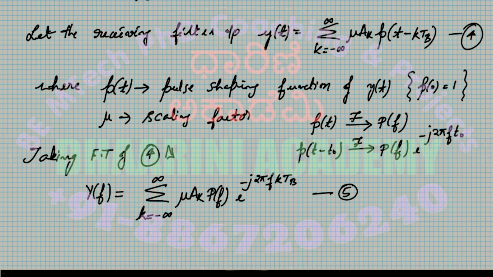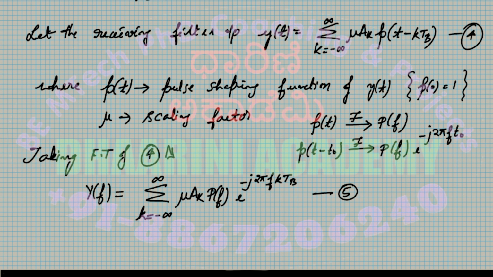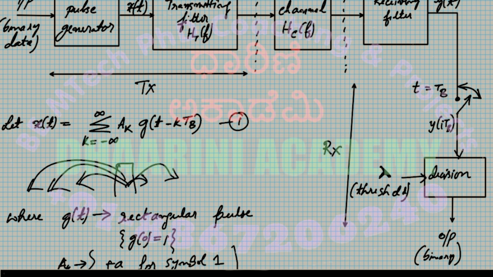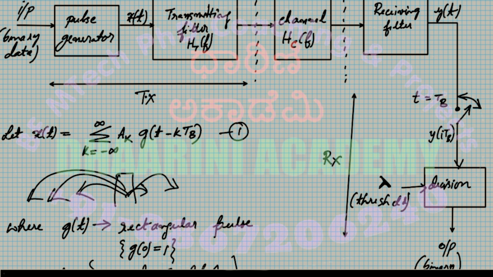Okay, now let's go back and let's look at the block diagram we wrote earlier. Let me see if I missed something. So we have x of t passes through Ht of f, that is a transmitting filter. Then it also passes through the channel denoted by Hc of f. Okay, I didn't write the receiving filter. Let me write that.